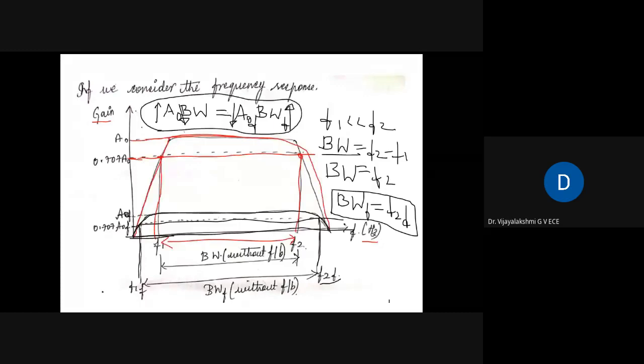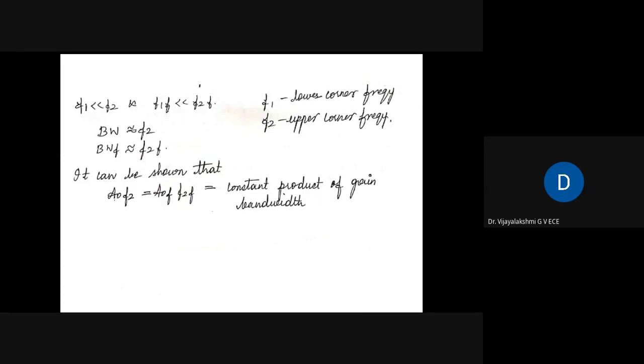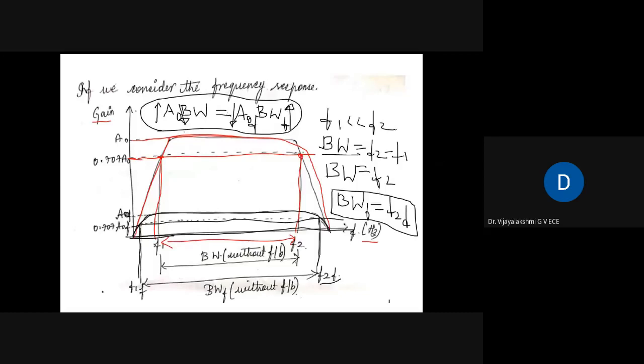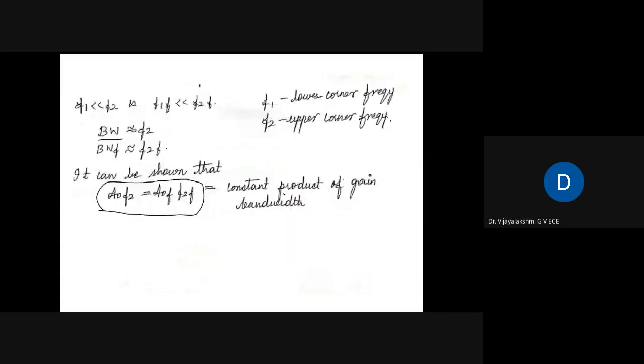You get this question repeatedly about the stability and about this gain bandwidth product. So this is what I am trying to write here: A naught into F2 is A naught F into F2F, where F2 is nothing but bandwidth, because I told you F1 is very less, so F2 is bandwidth.